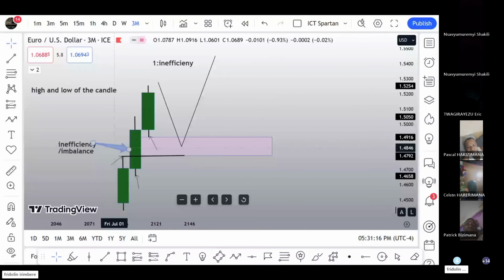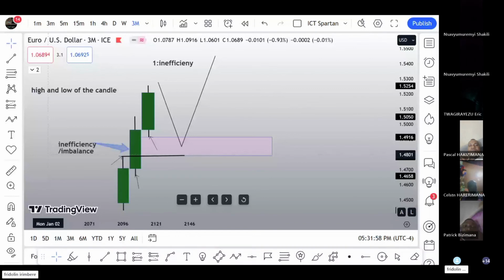Igihe uzoja kuraba muri candlestick uzabona ko hariho level itabaye filled, and then use it like your point of entry. This is what we call its inefficiency, and it is an imbalance.